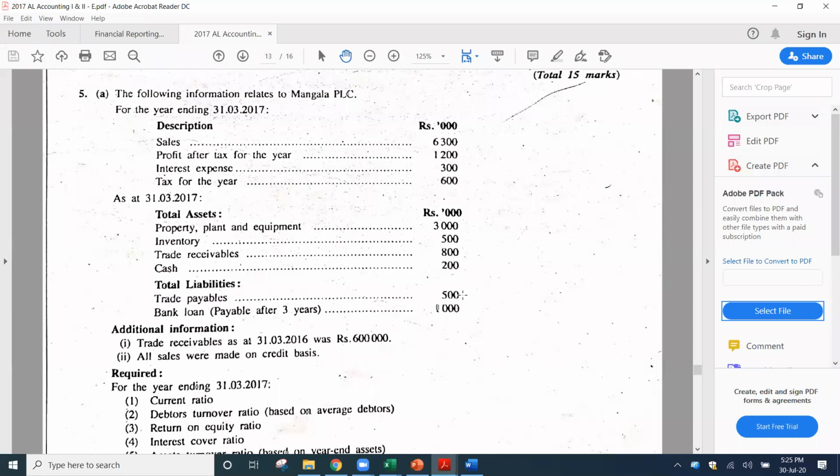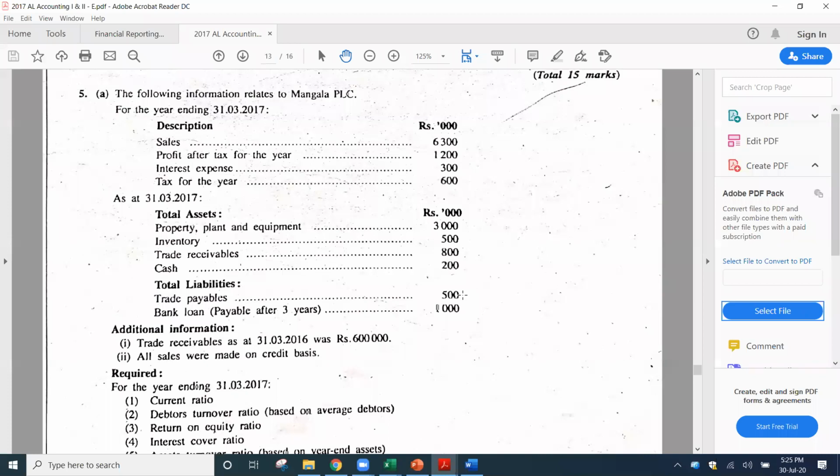The following information relates to Mangala PLC for the year ending 31st March 2017. We have sales, profit after tax for the year, interest expense, and the tax. Then as at 31st March 17, balance sheet items are given. Total assets, PPE, inventory, trade receivables, cash.